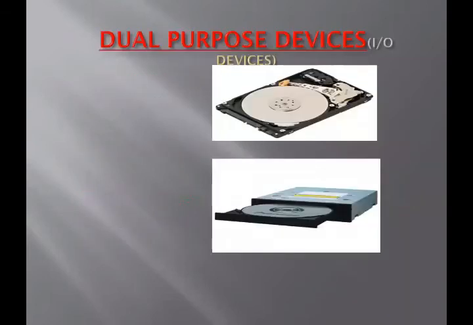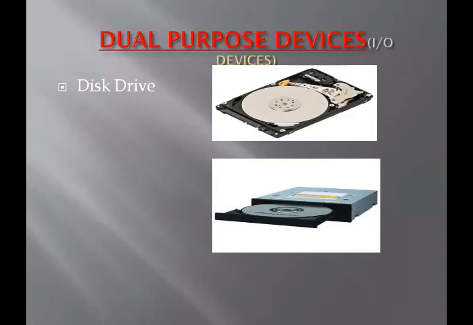Next heading is dual purpose devices. First one is the disk drive. A disk drive is a peripheral device that reads or writes a disk, such as a hard disk or floppy disk, that stores information. Disk drives are called storage devices because they store information on portable or permanent disks.